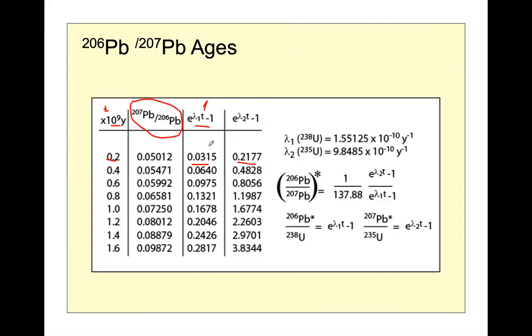Since we don't have another equation, we go for a graphical solution. This is what we do in lead isotope systematics, right? For different values of t, we choose different values of these lead ratios, and then we calculate the other terms involved there.